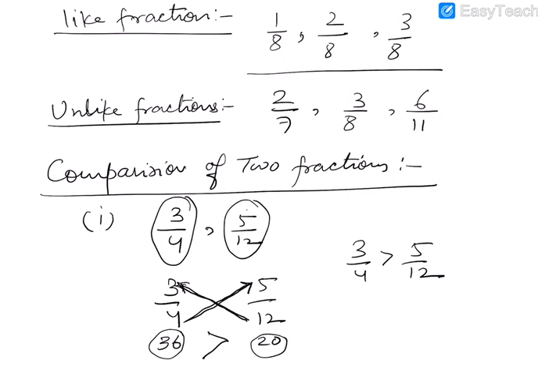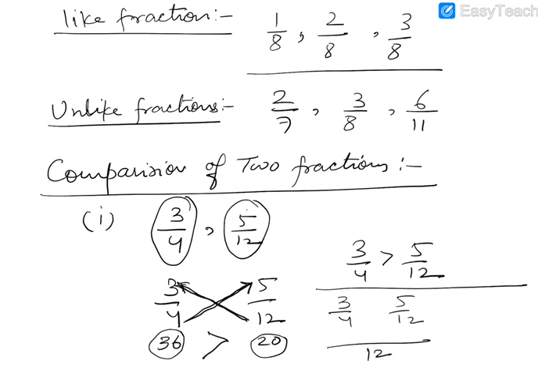So this is the method of comparing two fractions. One more method is there, known as the LCM method. With the help of the LCM method also we can find out which fraction is greater. So I'm discussing here the LCM method. 3 by 4, 5 by 12. We'll take the LCM of 12 and 4, of course 12.